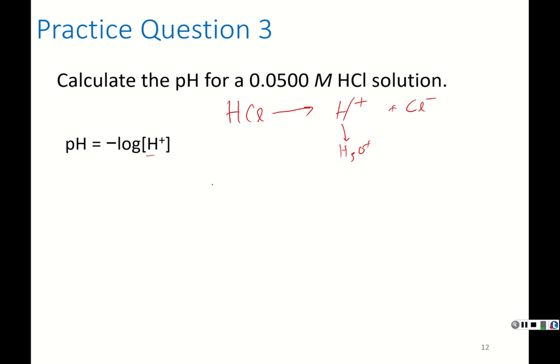So if we have 0.05 molar HCl, we really have 0.05 molar H plus ions. So we can simply plug that into our equation for pH. Negative log of 0.05, and we get 1.3. So that would be the pH of a 0.05 molar solution of HCl.